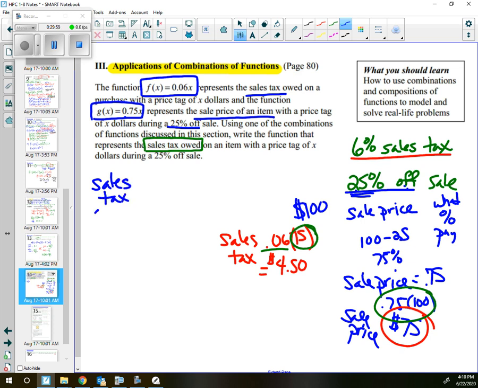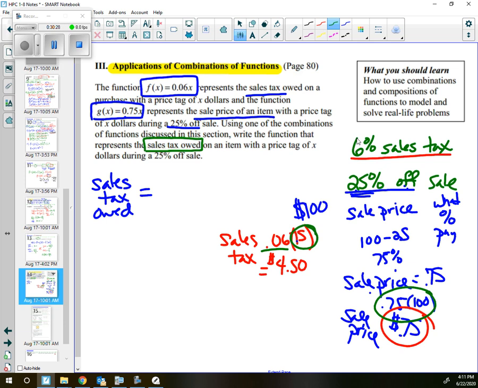So sales tax owed. All right, well, let's see if we can figure out which operation. So it looks like we did sales price first, the sale price. We calculated that and we took that answer and put it in to the tax. So we were taking the sale price first and then the tax. Okay, so which of those functions, F or G, represents finding the sale price? Well, that's the G function.